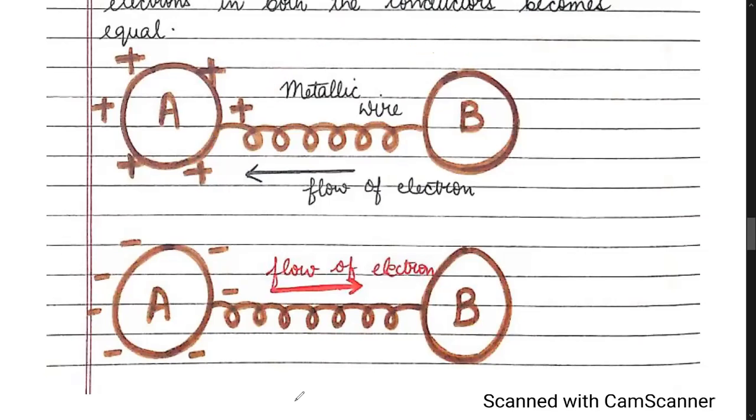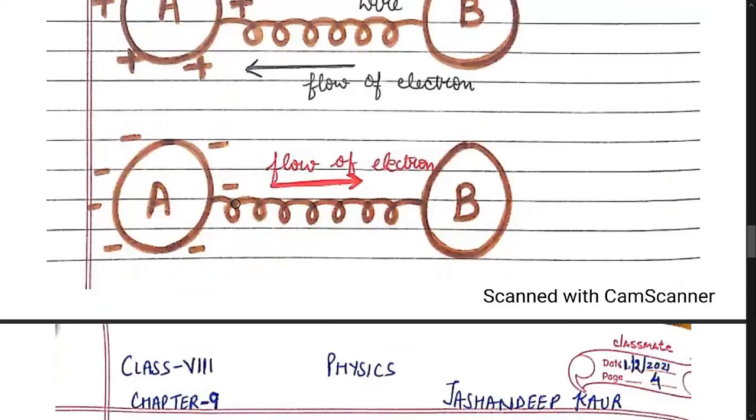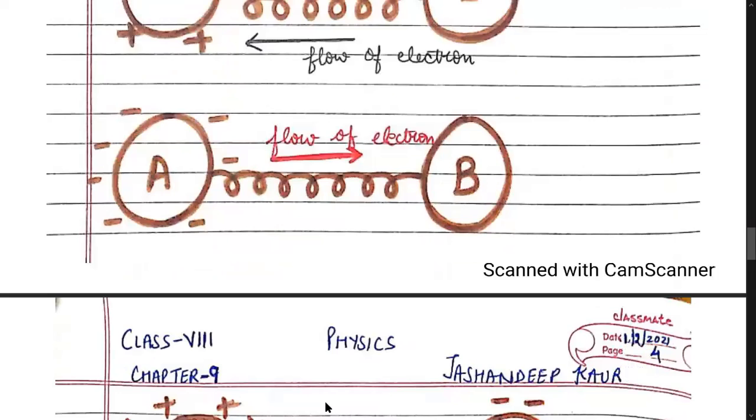Coming to the second case, the electrons are distributed in a manner that sphere A is having negative charge on it, while sphere B is neutral. Now students, how does an atom become negatively charged?